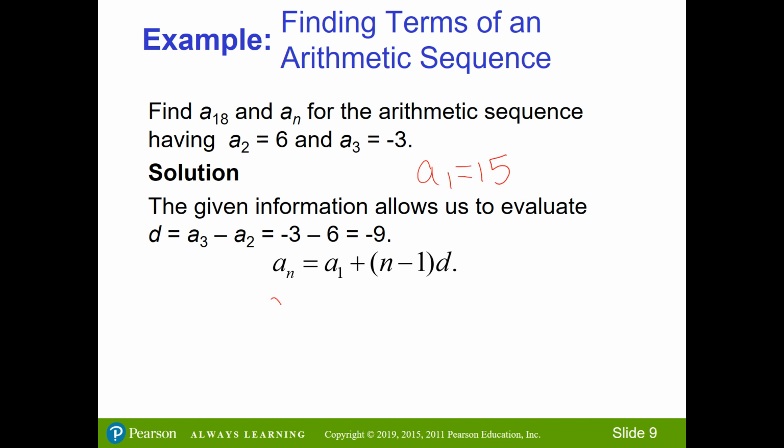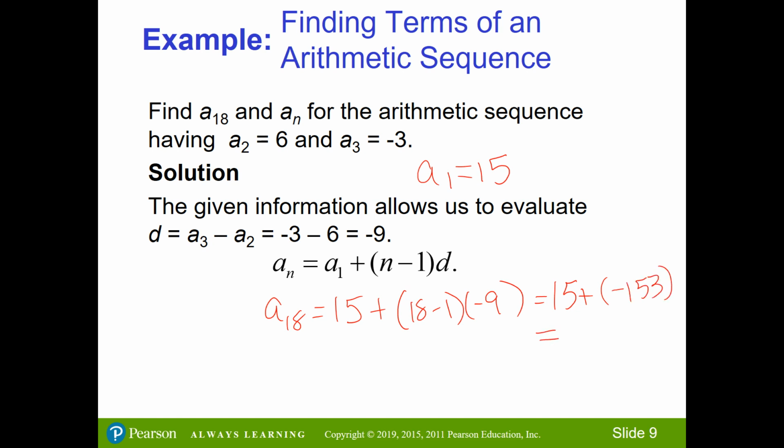So I would go A18 is 15 plus 18 minus 1 times the negative 9. So that would give me 15 plus, okay, that's going to be 17 times negative 9, and that would be negative 153, I think.